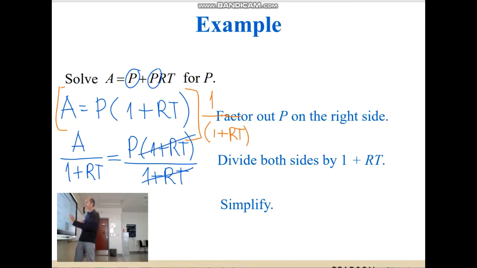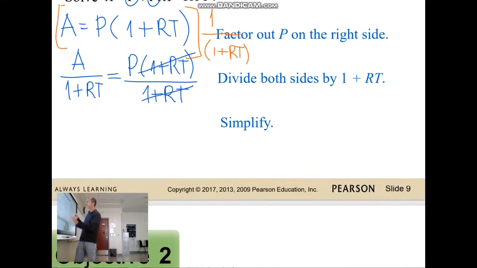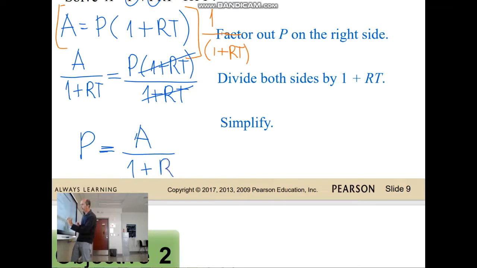See, after we simplify, we can switch sides. This doesn't change anything. P equals A over 1 plus RT. This is the right answer.